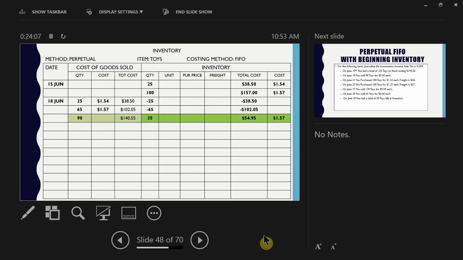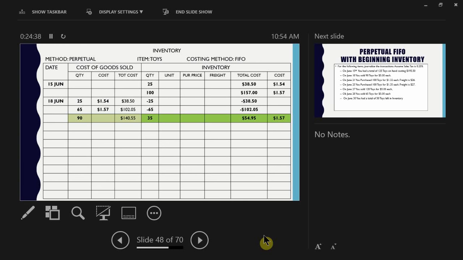I started out with 157, subtracted out 102.05 to give me a remaining balance of $54.95. Which again, the cost per item is still $1.57, right? I calculated my totals here. I sold in total 90 items at a grand total of $140.55.